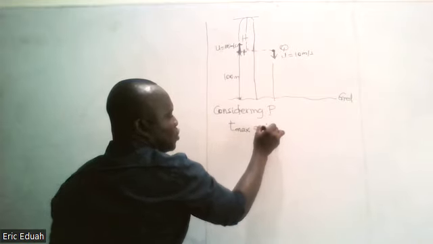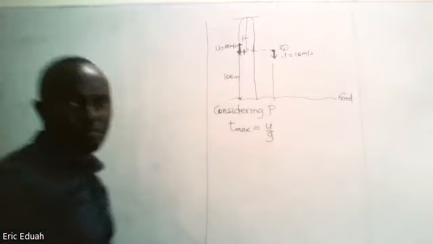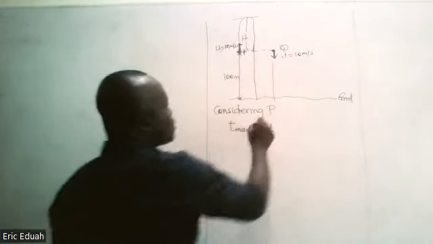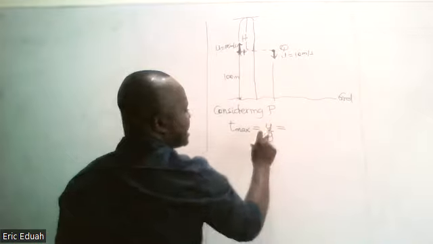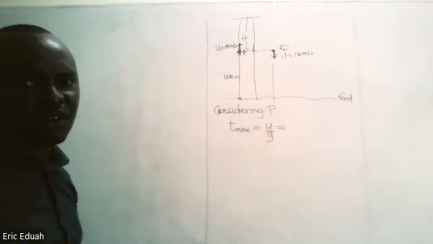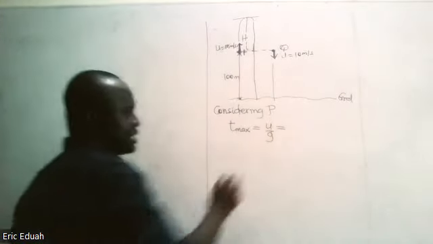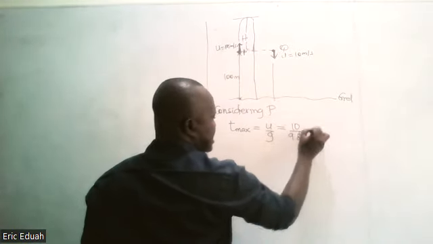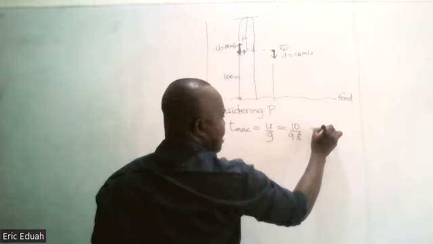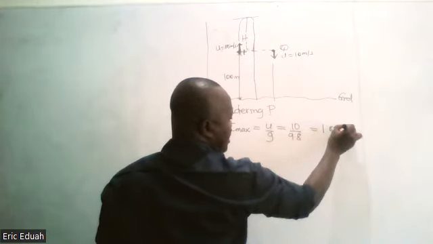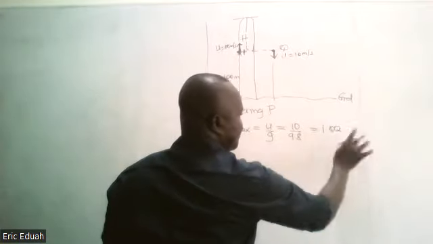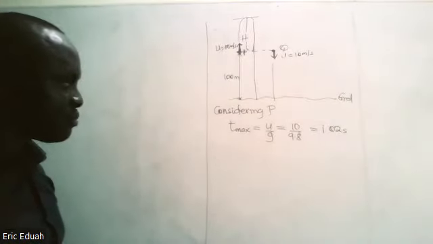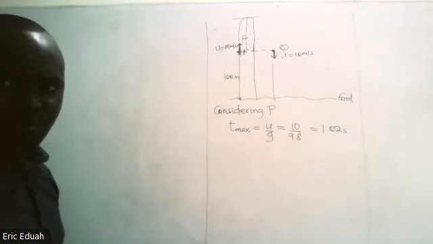When P is thrown vertically upward, the time taken to reach the maximum height is equal to U over G. Meaning for P to reach the maximum height, we just divide its initial velocity by gravity. So 10 divided by 9.8, and this will be 1.02 seconds. Please, are we fine?